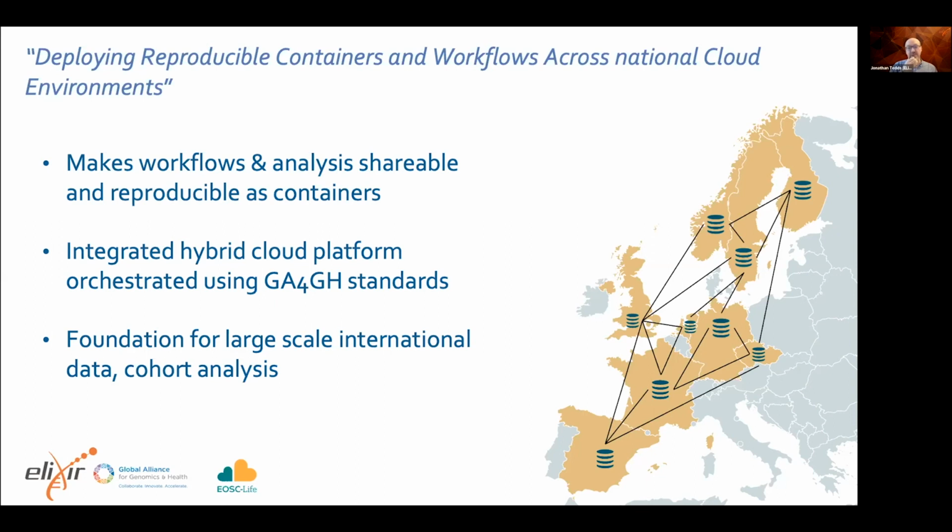So the standard problem, I think, is how you resource all of this. And the EOSC-Life project is also working on this, including commercial partners, by the way. So how do you resource a researcher so that they have relatively seamless access to resources?